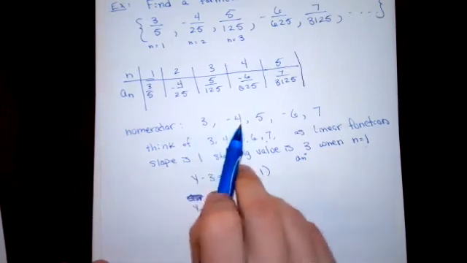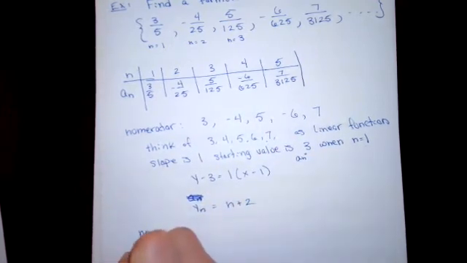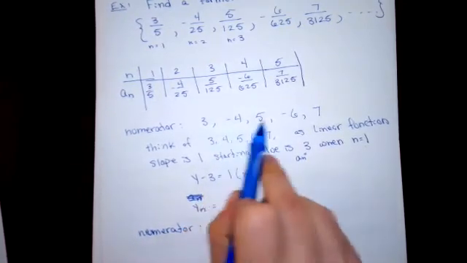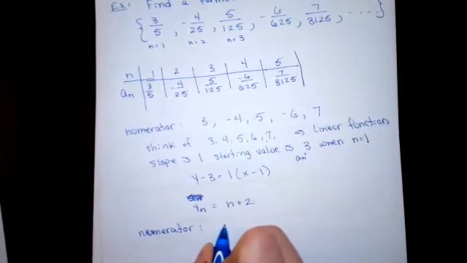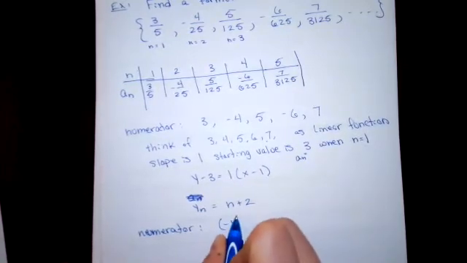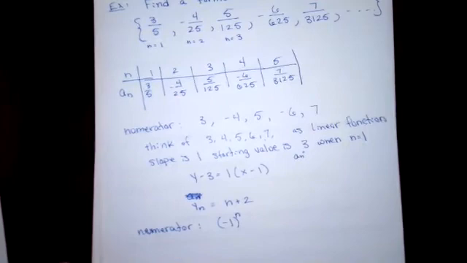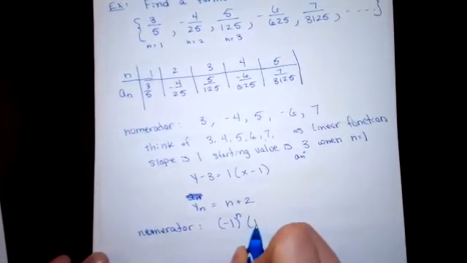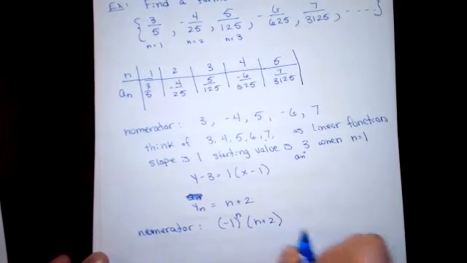So really what's going on in my numerator is I have an alternating sequence, so we're going to have a (-1)^n, and we'll take a look back at that in just a second, and then times this n plus 2.